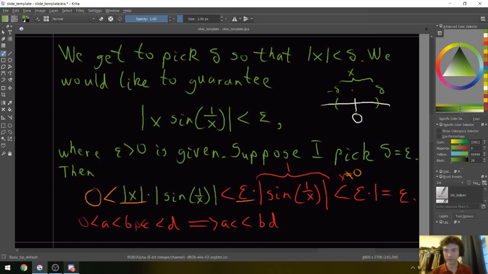That's how the game works. I get to give you the input tolerance, which is the tolerance for x around 0. Since I get to pick that input tolerance, I made a choice. I said I pick that input tolerance to be epsilon. That was my strategy in this game. So that means x has to lie in this interval from minus epsilon to plus epsilon.